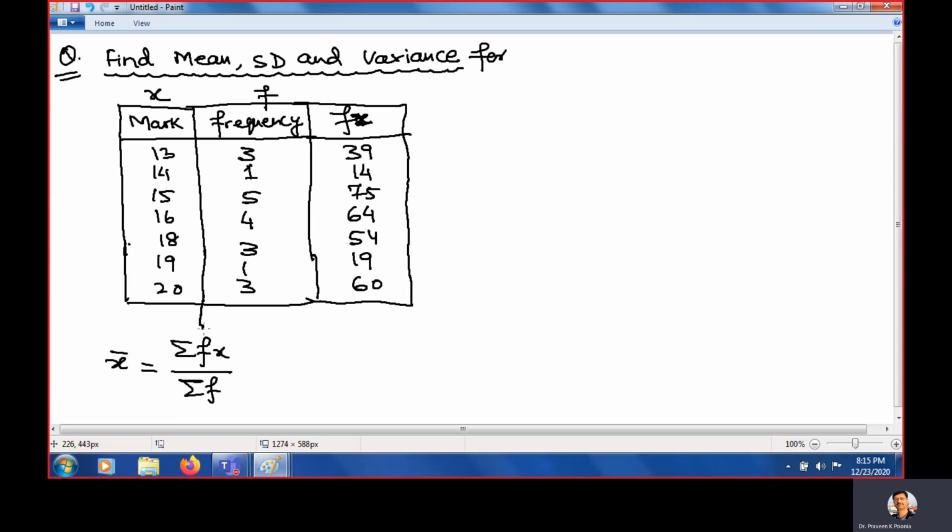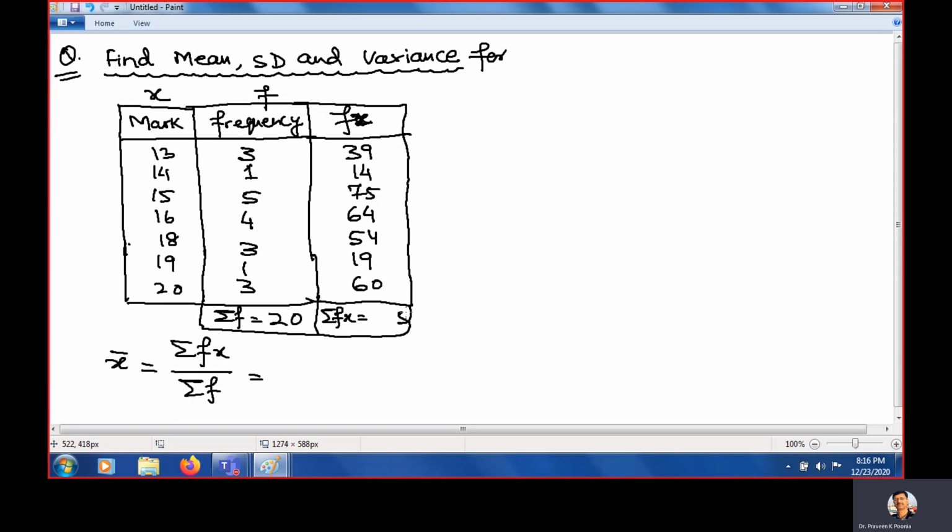Now you need to find the sigmas. First, sigma f, the frequency total. 3 plus 1, 4 plus 5, 9, 9 plus 4, 13, 13 plus 3, 16 plus 1, 17 and 3, 20. Now we calculate sigma fx.